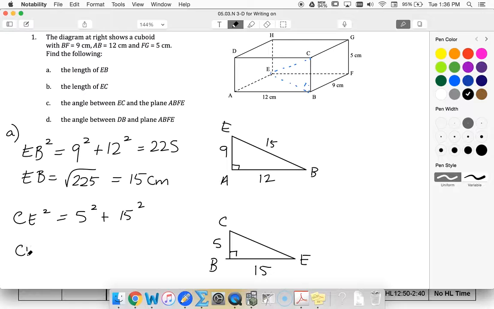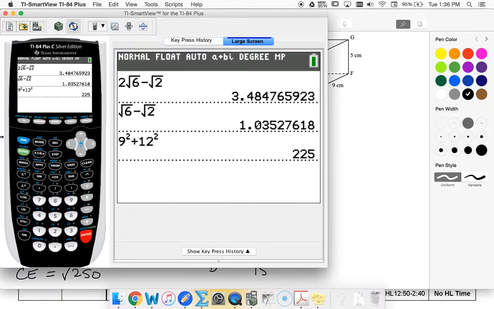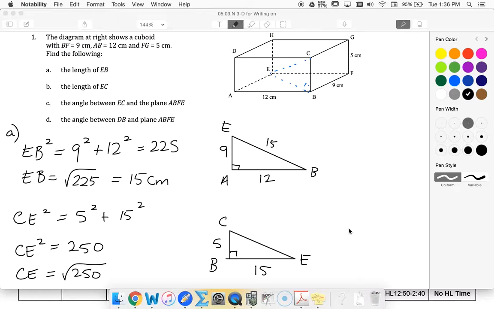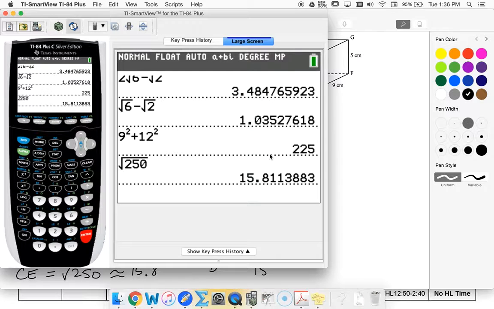So CE squared is going to be 25 plus 225, that's 250. So then CE is equal to the square root of 250. That one I don't know. 15.8 approximately. Knowing, of course, if I was going to do any calculations, I would do all of them using this whole number.